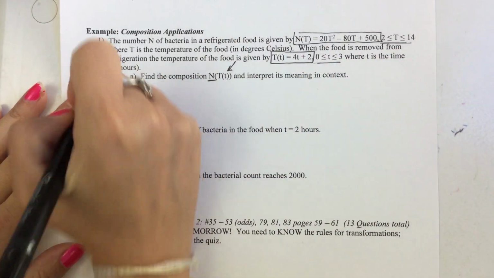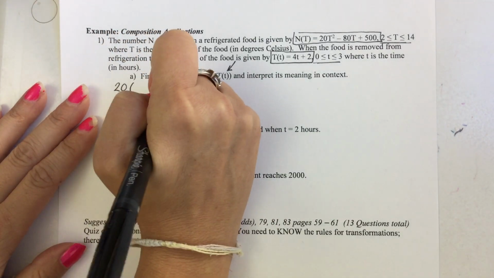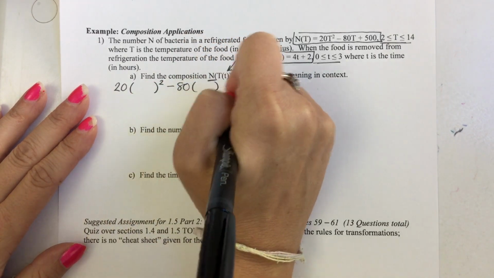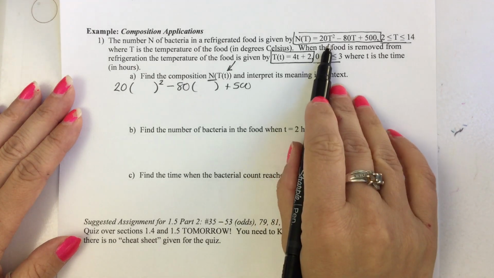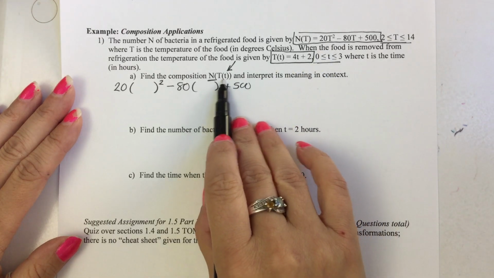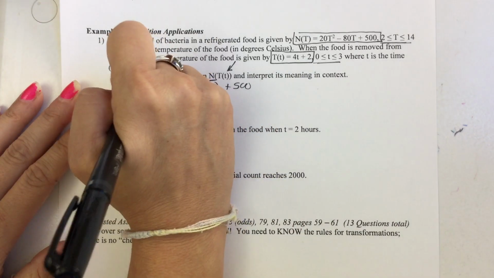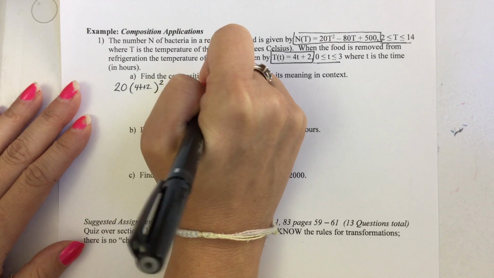So N is the outside: 20 times a variable squared, minus 80 times a variable, plus 500. In the place of the variable, we're putting T of t. We're putting 4t plus 2 in each place.